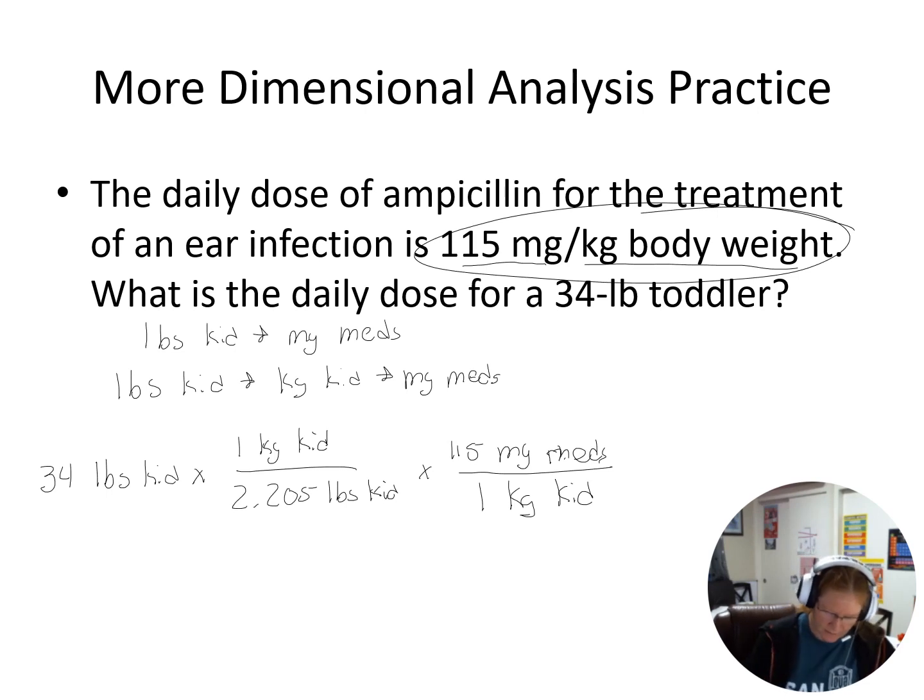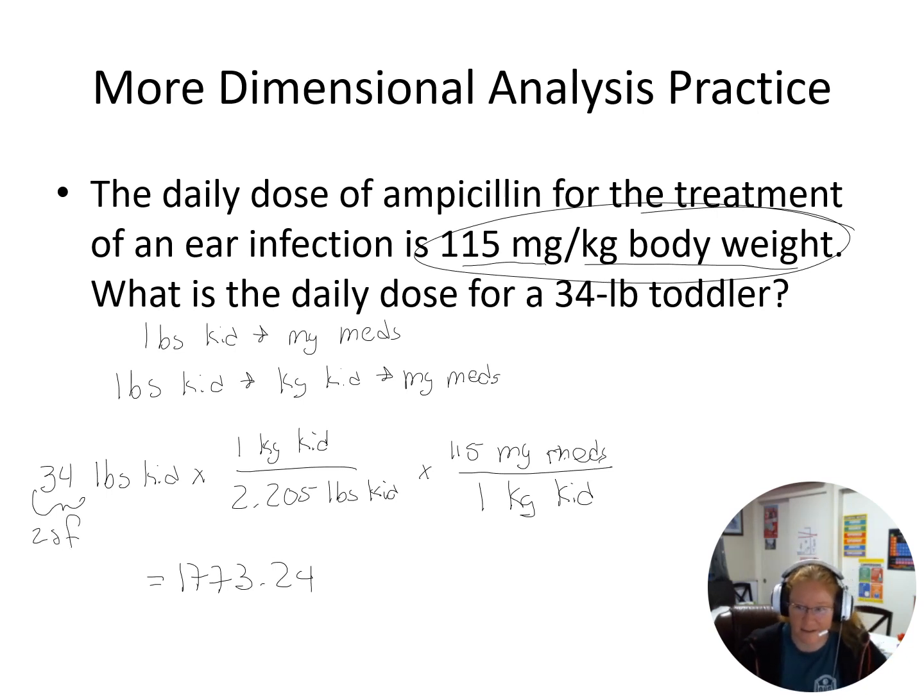Okay? So we get 1773.24. Now, whoever took this kid in didn't do a very good job with significant figures because we only have 2 sig figs there for the weight of our kid. So we only get to keep 2 sig figs here, so we're going to have to cut it there. So we can write this in 2 ways.